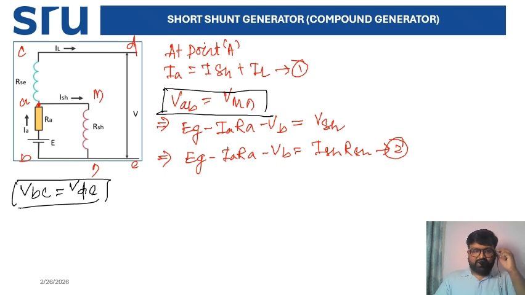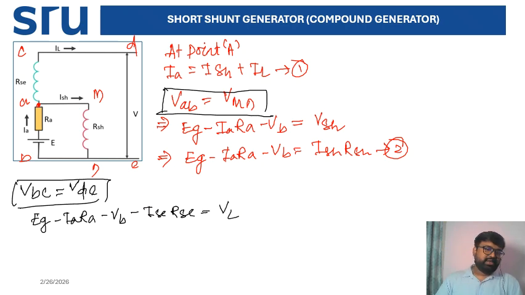If the complete armature circuit comes into the picture, then you see here the equation is EG minus IA into RA minus VB minus ISC into RSC equal to your VL, right? Now the term is coming IARA. You mark it as equation number 3.